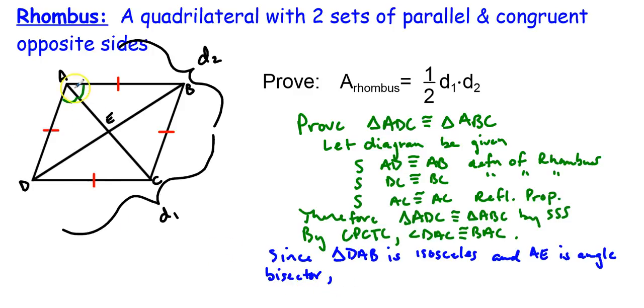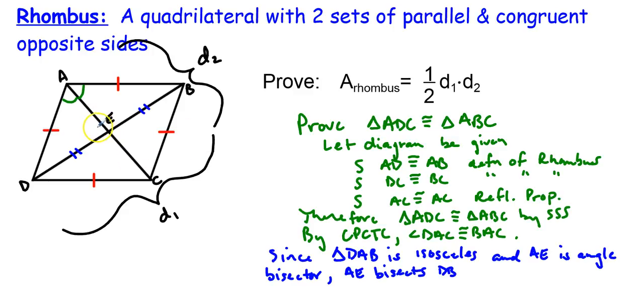We know a couple different things about AE. Number one, in an isosceles triangle, if you're talking about the vertex angle, which we are, it's going to chop those other two parts in half. So it's going to chop the base in half. So AE bisects DB, which I just marked on here.